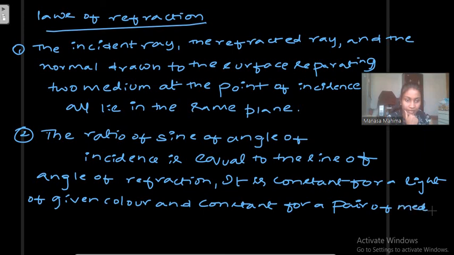What do you mean by that? If you are taking air and a glass medium, whatever refractive index you get will be constant for that pair of media. And if you change that air to water or air to glass, whatever the ratio for the pair of media, it will be constant only for that pair. It will not be equal to that of some other medium. That is the meaning of that: for a given color and constant for a pair of media.